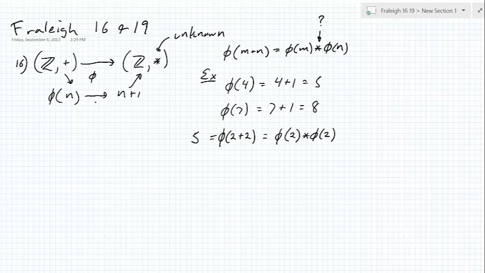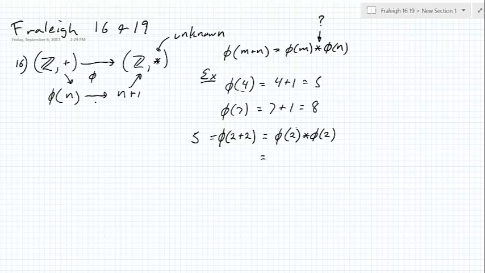And I'll bet now you're starting to recognize why the isomorphism property is as it is. It shouldn't matter how I represent 4 when I map it over. Phi of 2 plus 2 should be the same as phi of 4.